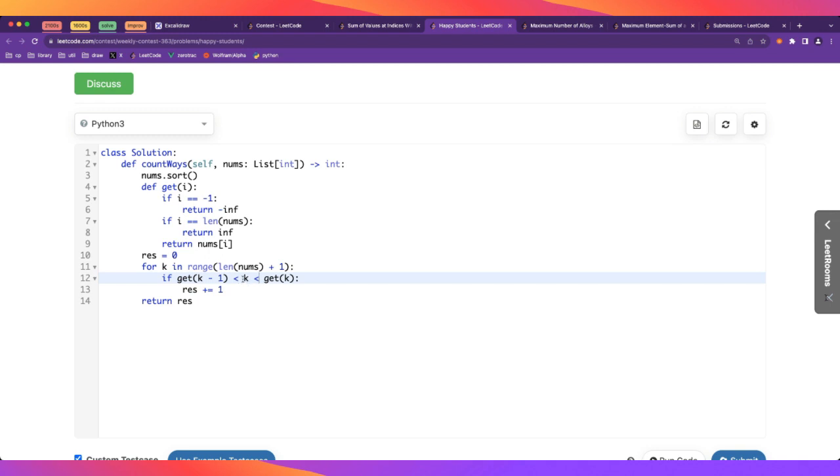We want to know if there are exactly K. So with this condition, we guarantee that they're exactly K. And with this condition, we guarantee that nothing is equal to K. Well, I mean, with both conditions, we guarantee that.